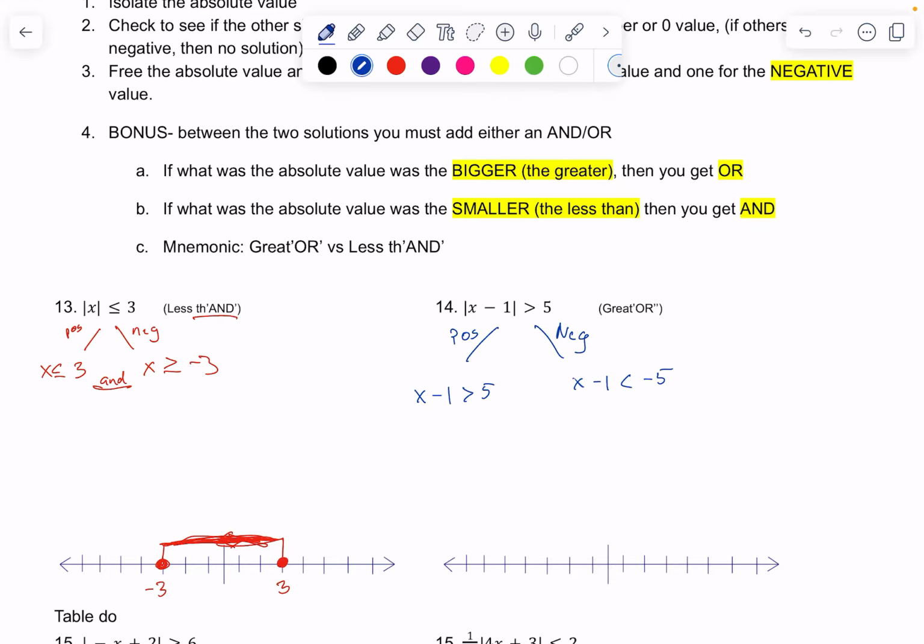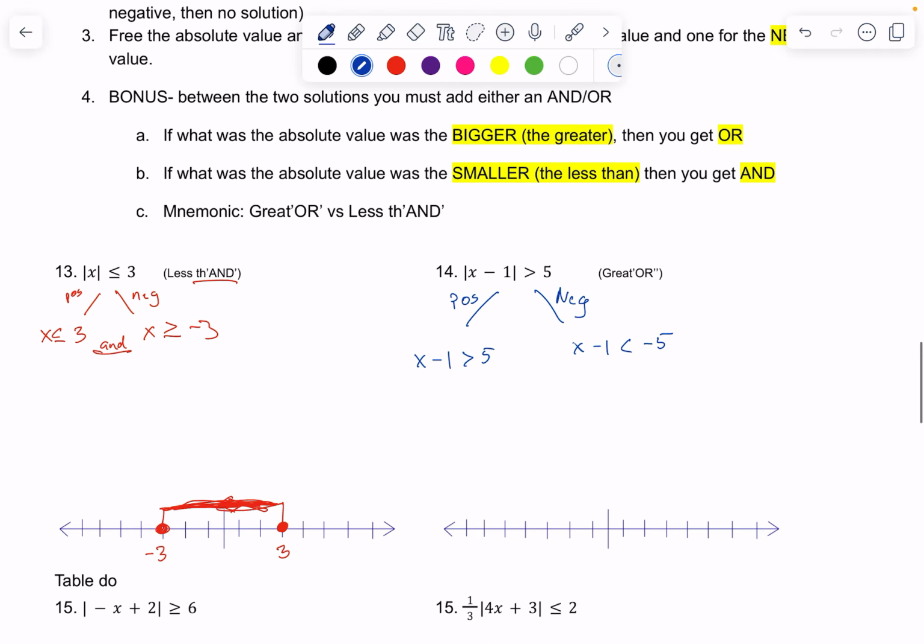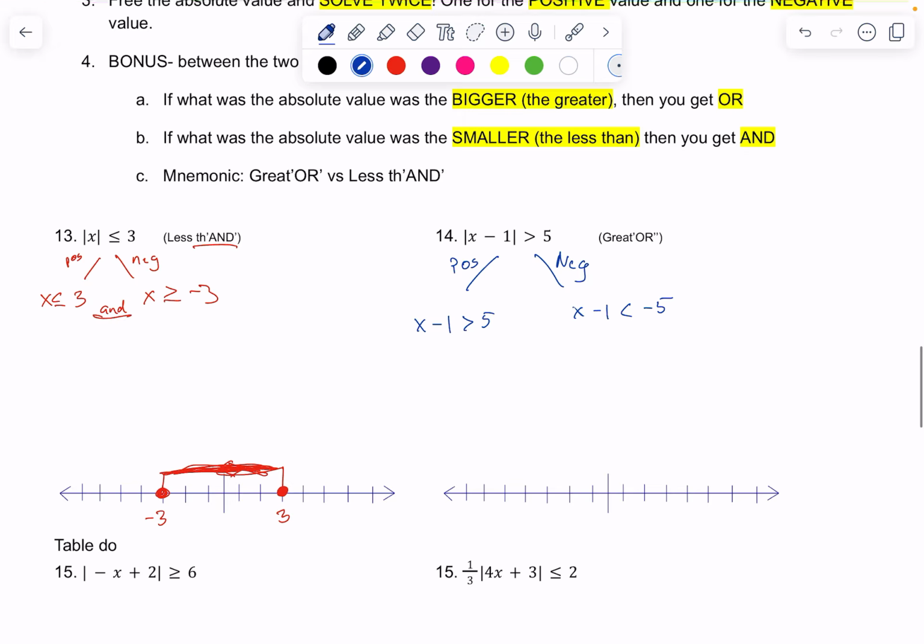Okay? This is going to give you plus 1, plus 1. I have x is greater than 6 over here. Given that this is a greater, it's going to be an "or", and I have plus 1, plus 1, so x is less than -4. Let's graph this out.